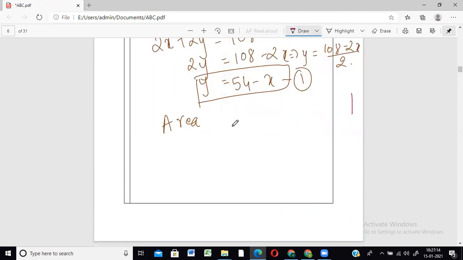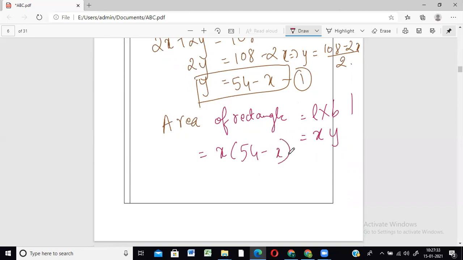What is the length? Length is nothing but x. What was breadth? y. But what is our y now? We have found the equation which is in terms of x, right? So 54 minus x. Are you understanding? Why did I find that y is equal to 54 minus x? Why did I do this?